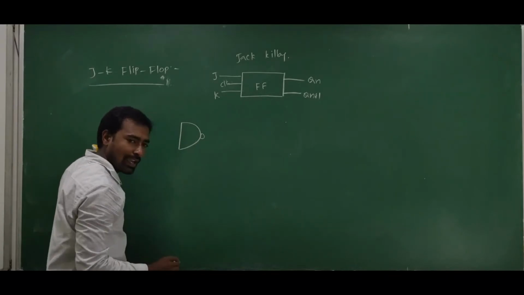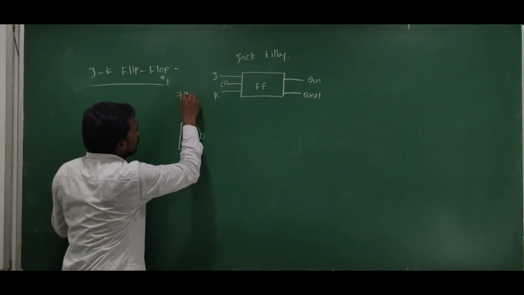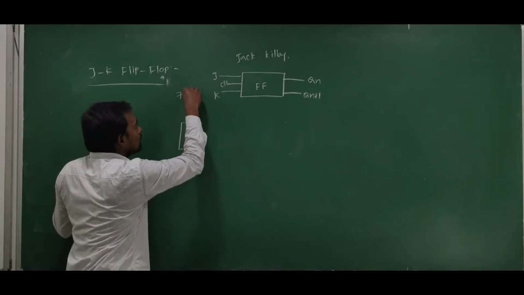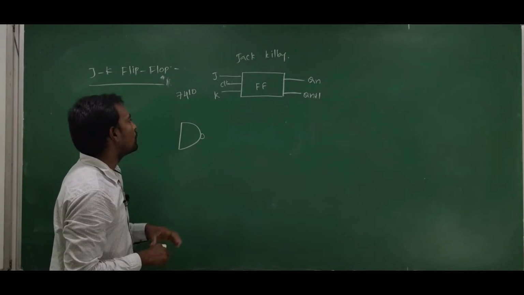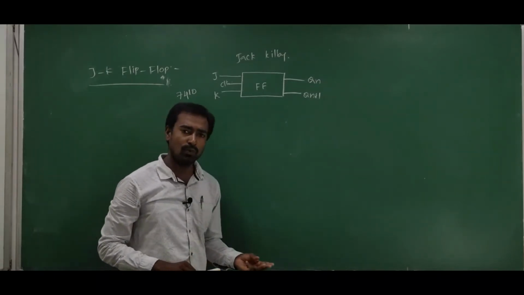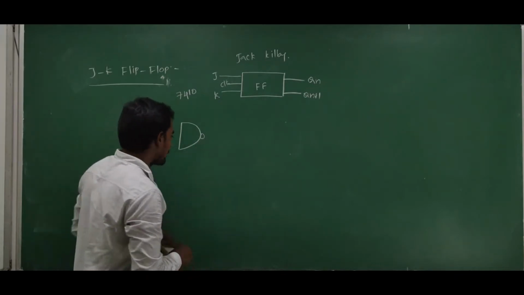The basic logic circuit of the JK flip-flop uses the 3 input NAND gate. The 3 input NAND gate has the IC number 7410. The 7410 has 3 inputs and we get only a single output.